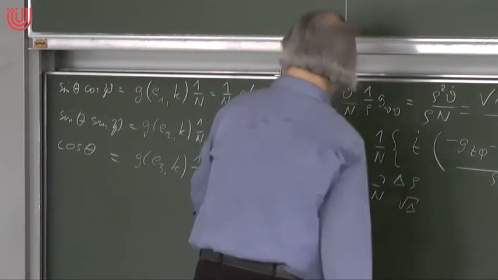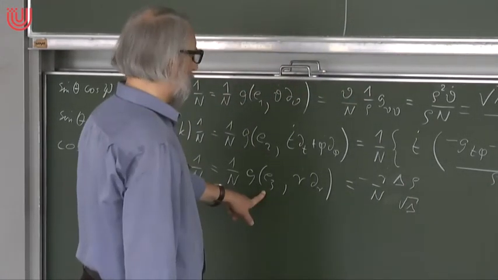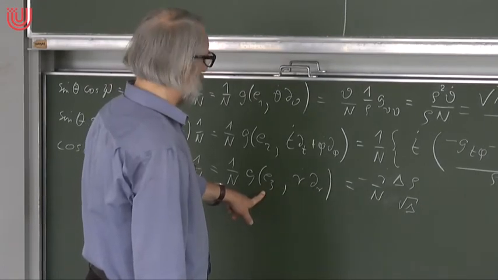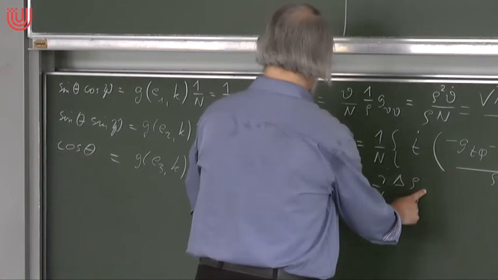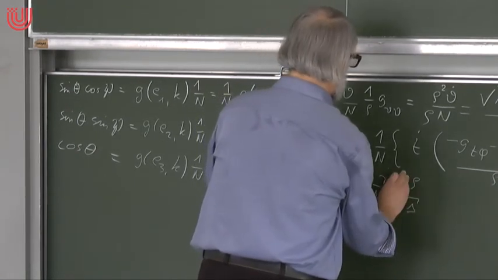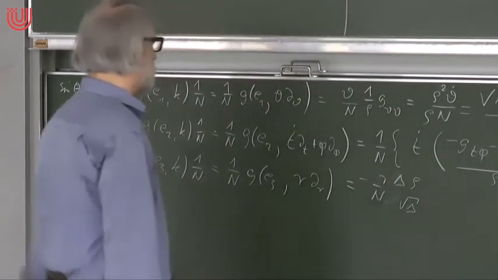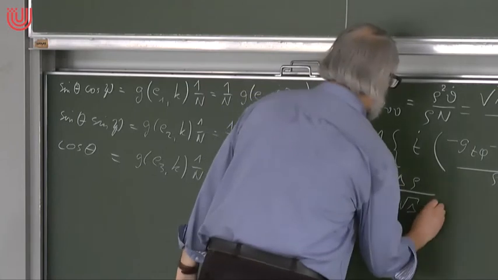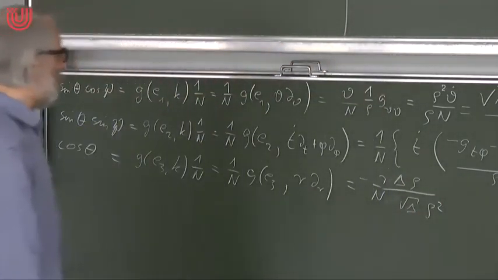So I have one rho here, right? E3 is rho divided by root delta. And then GRR is delta divided by rho squared. I think that's it.